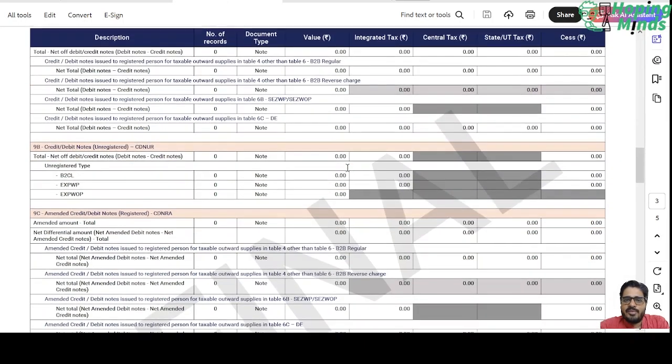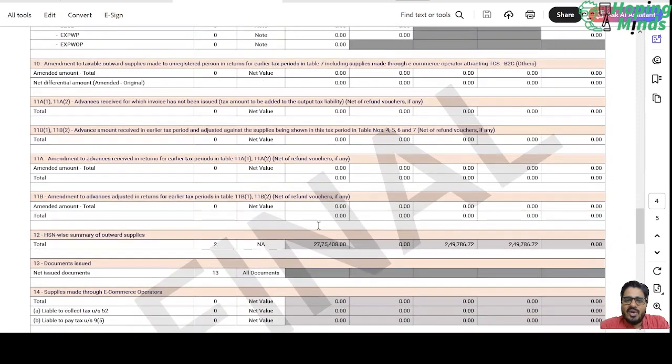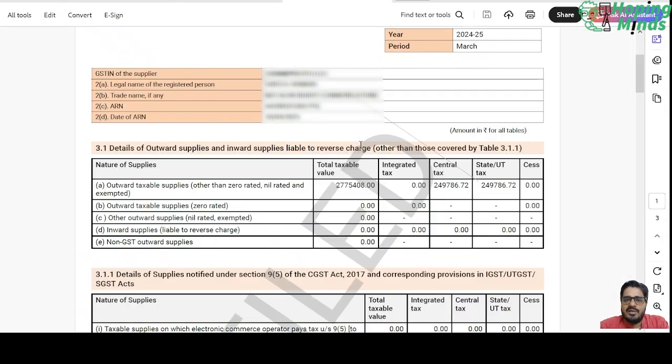We can also confirm this from the HSN total here. 27,75,408 rupees is the taxable value and 2,49,786.72 under state and the same amount under the central head. So this amount is appearing in the GSTR-3B return. It means that both the returns match with each other.